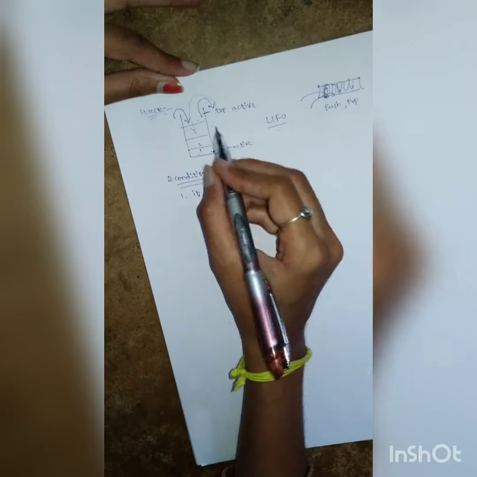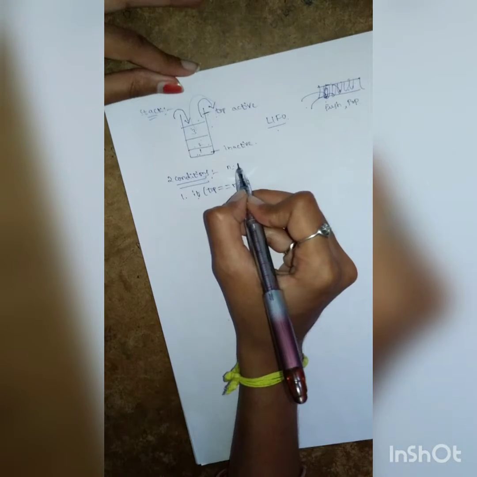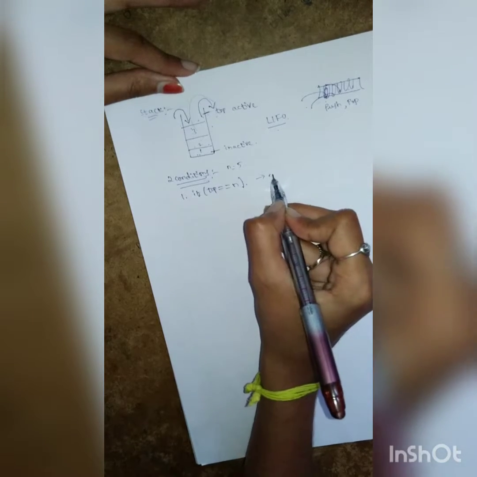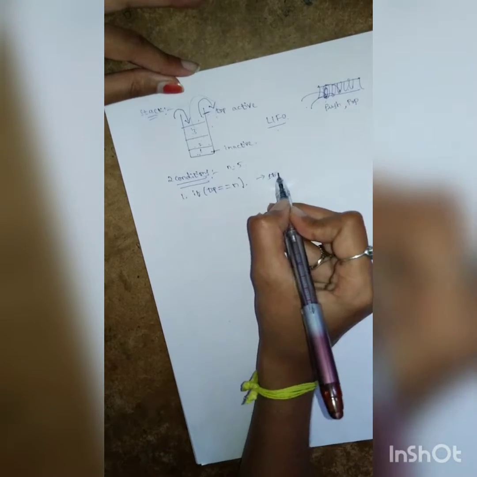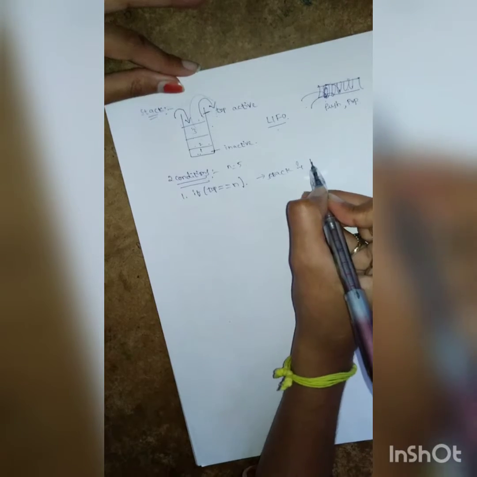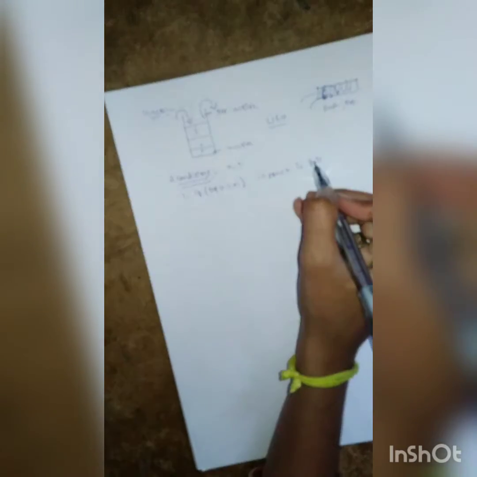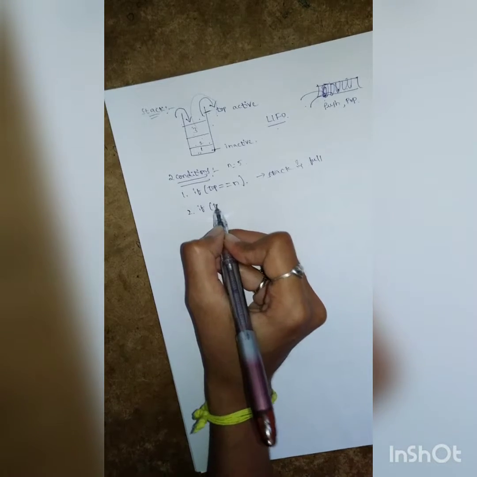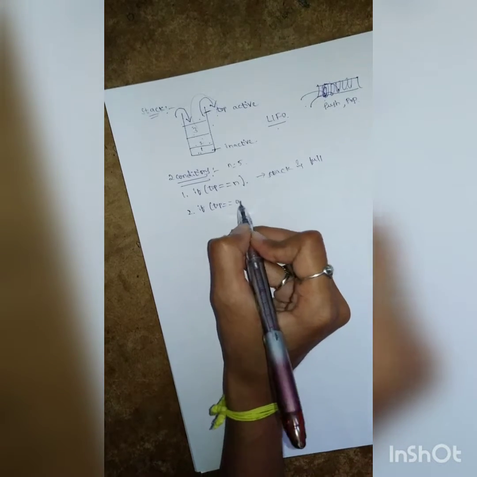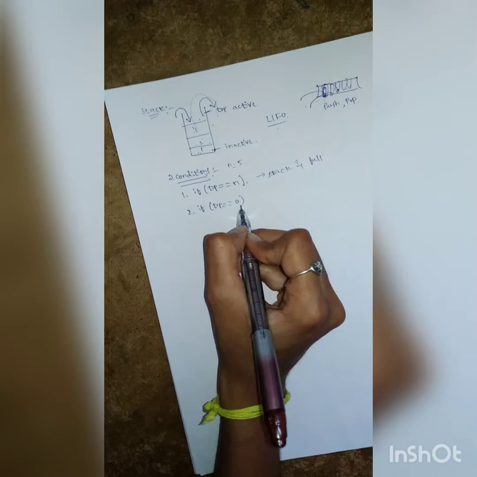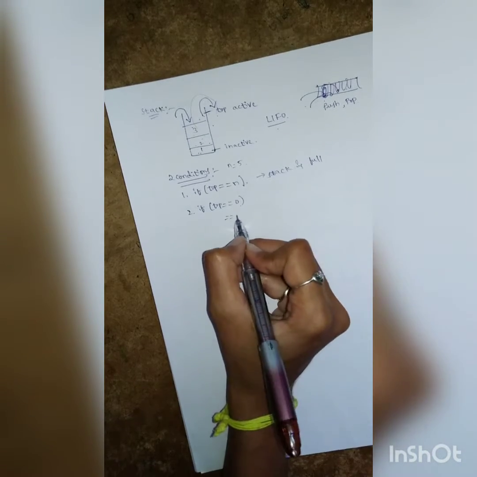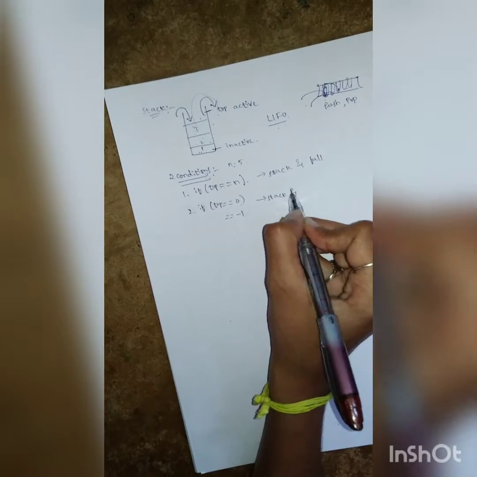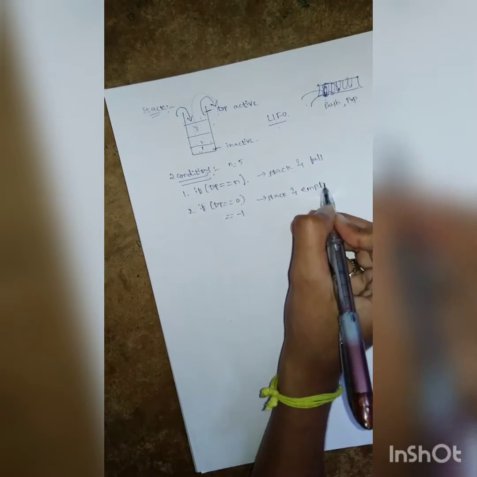We will give the size of the stack, for example n equal to 5. Then if top equals 5, we say the stack is full. And the second condition is, we have to check whether the stack is empty or not. If top equals 0, or we can check top equals -1, then we say the stack is empty.